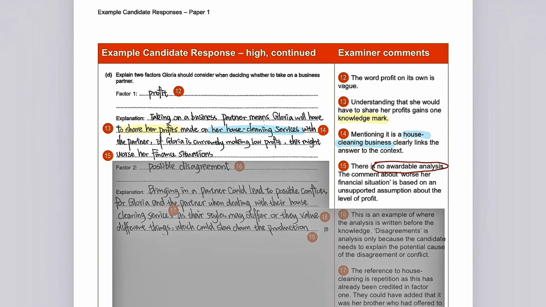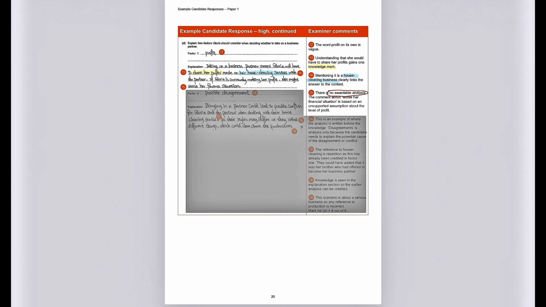And in the first section of this example candidate response, there was no analysis awarded due to its unsupported assumption. So this is a very important takeaway, that it is possible to get the knowledge and application marks in absence of the analysis mark. In this specific answer, the candidate could have easily just written to share her profits made on her house cleaning services.